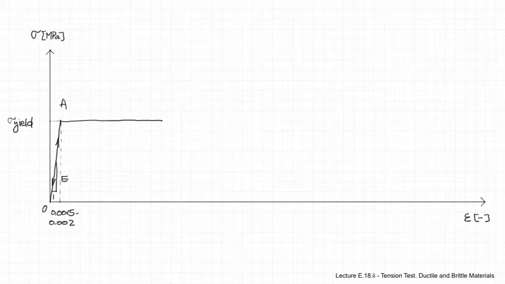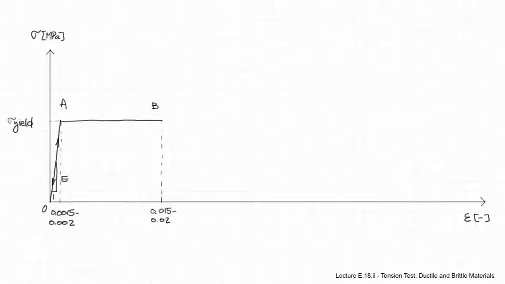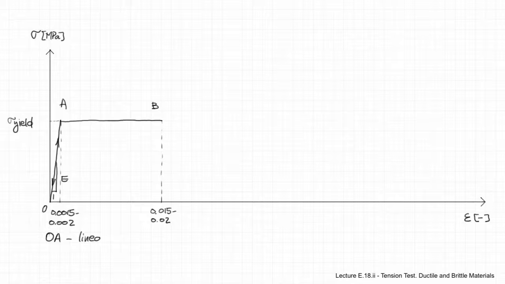Region OA is considered to be linear and elastic because the material behaves linearly, and if we unload the material from point A to O, it will unload on the same line, so we will reach point O with no permanent deformation. So the material is also elastic. Again, OA, the linear elastic area.